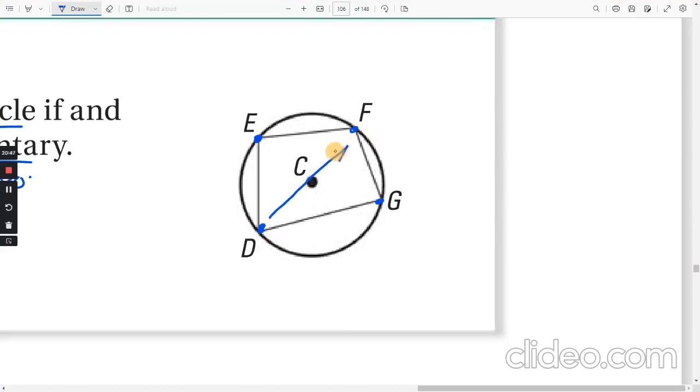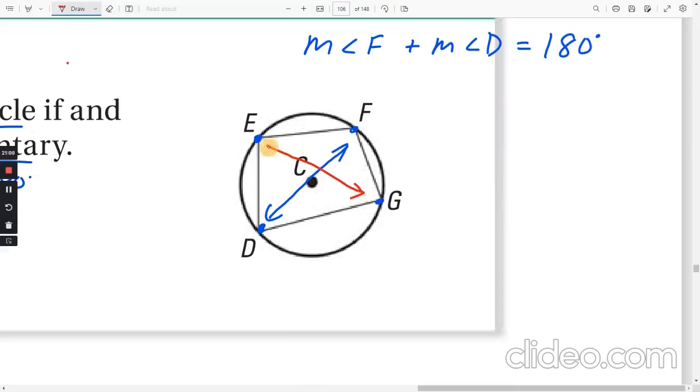So that's going to be F and D. So the measure of angle F plus the measure of angle D equals 180 degrees. Now if we look at the other opposite angles, we have G and E. So the measure of angle E plus the measure of angle G equals 180 degrees. Alright, so opposite angles are supplementary.